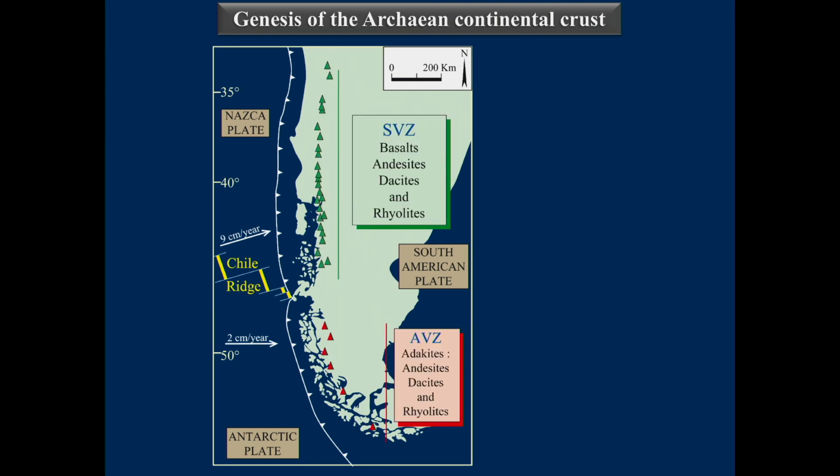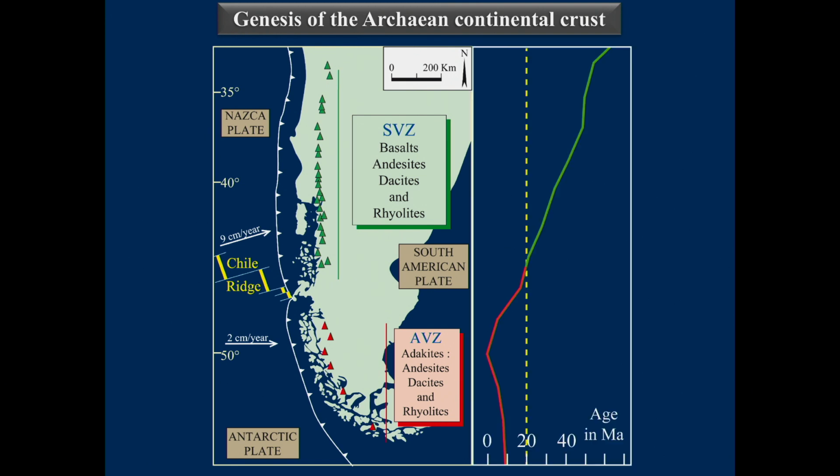In fact, in this area there are two volcanic zones. North of Coyhaique we have the South Volcanic Zone, and south of Coyhaique we have the Austral Volcanic Zone. And if we look at the age, because we know the rate of subduction, the direction of subduction, and also the angle of subduction, it's possible to know the age of the oceanic crust below, at the bottom beneath the volcanoes.